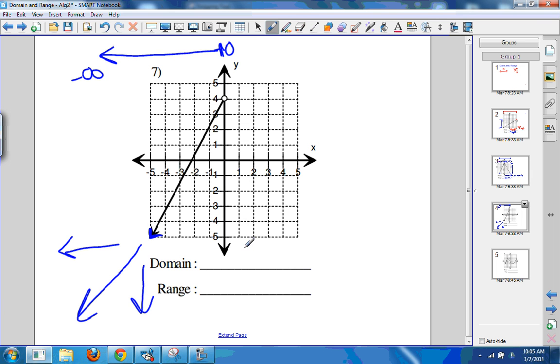All right, so my domain is going to go from negative infinity to 0. And we're not going to include that, so we don't put our line underneath it. I'm going to have to go back and check those other ones to make sure I put my lines underneath them or not.